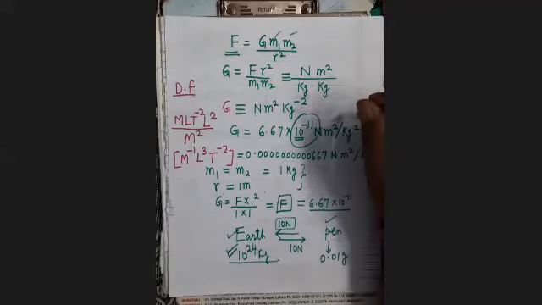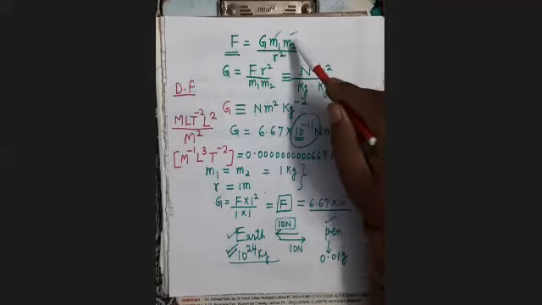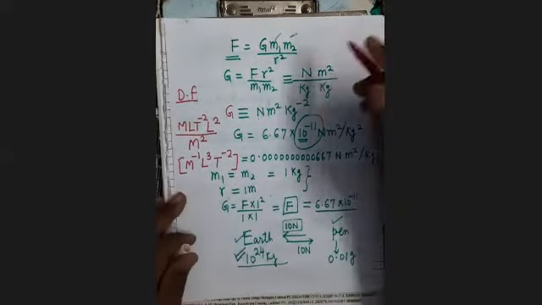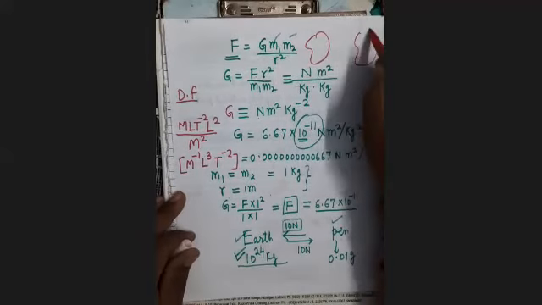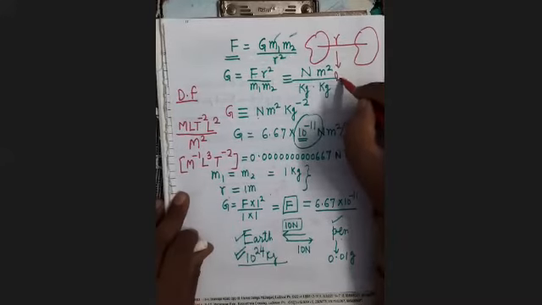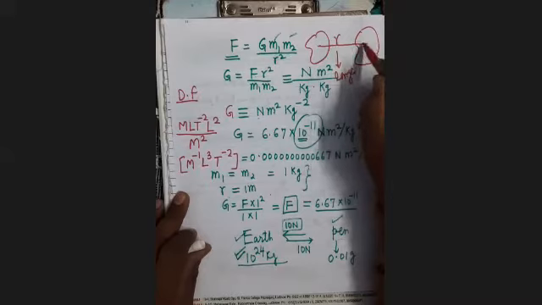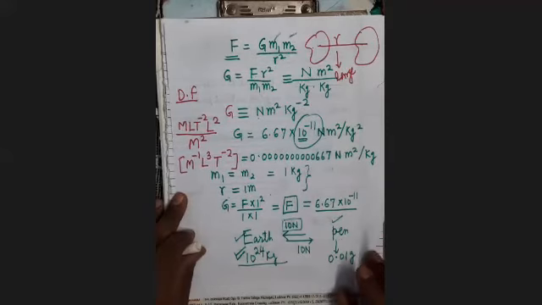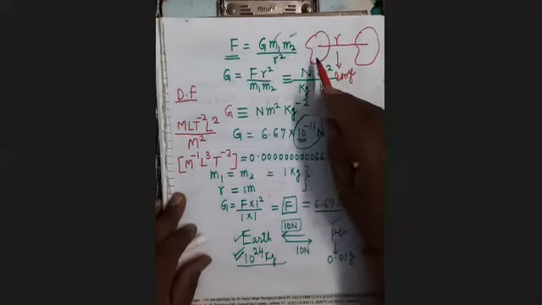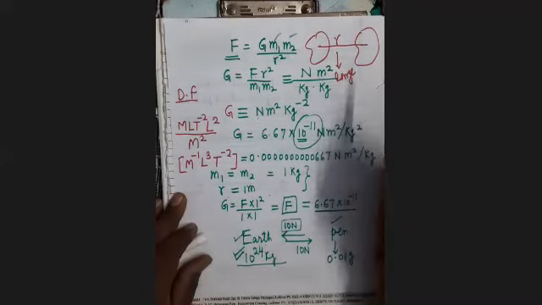Or another way: if the bodies are extended but the distance between them is very large, then with respect to this large distance, these extended bodies can be assumed to be point masses.